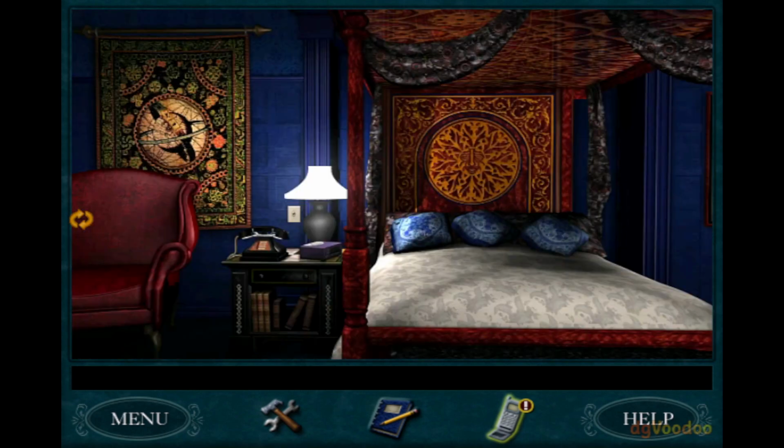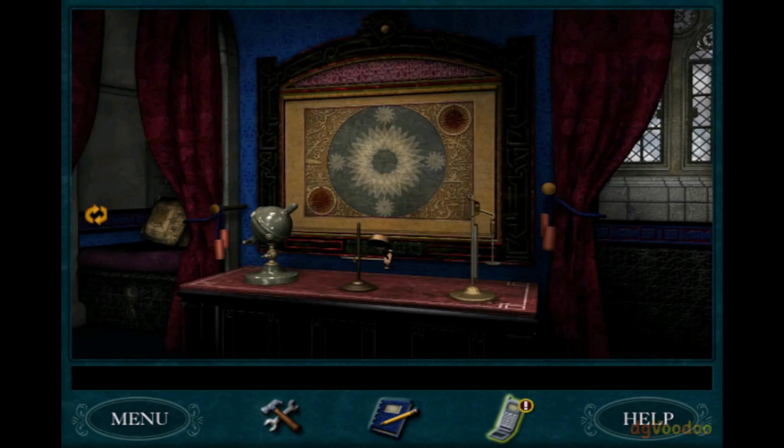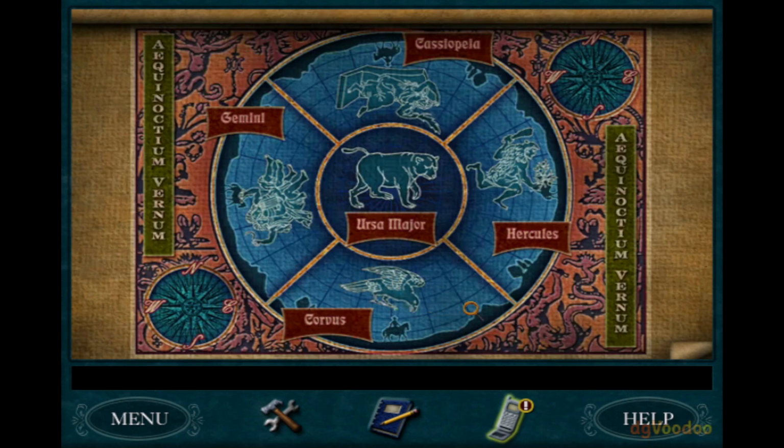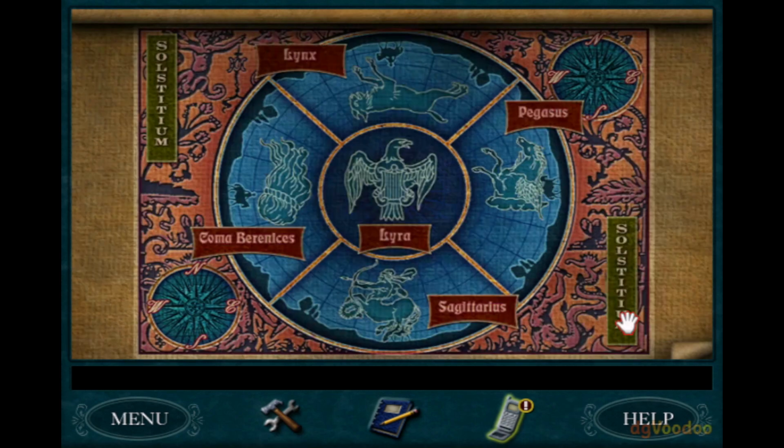And where did we have the... This is where we had the constellations. So... I mean, we can see kind of some different animals here.